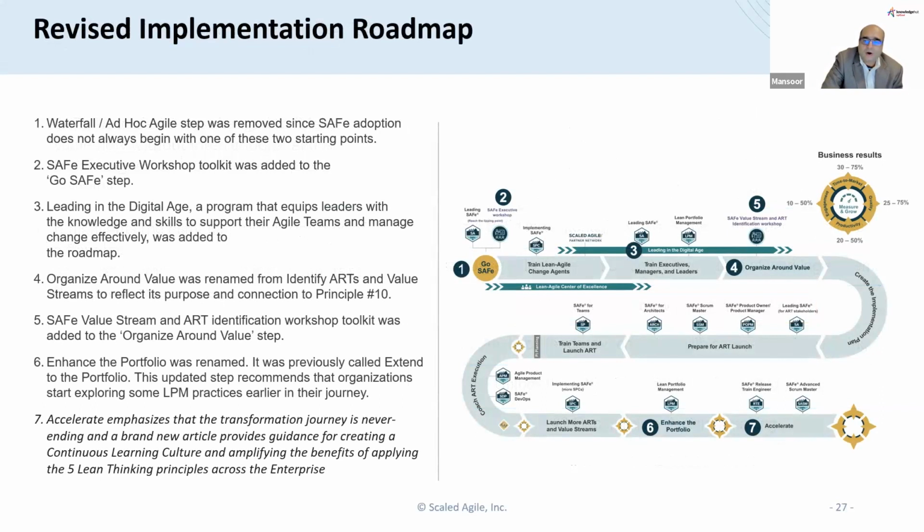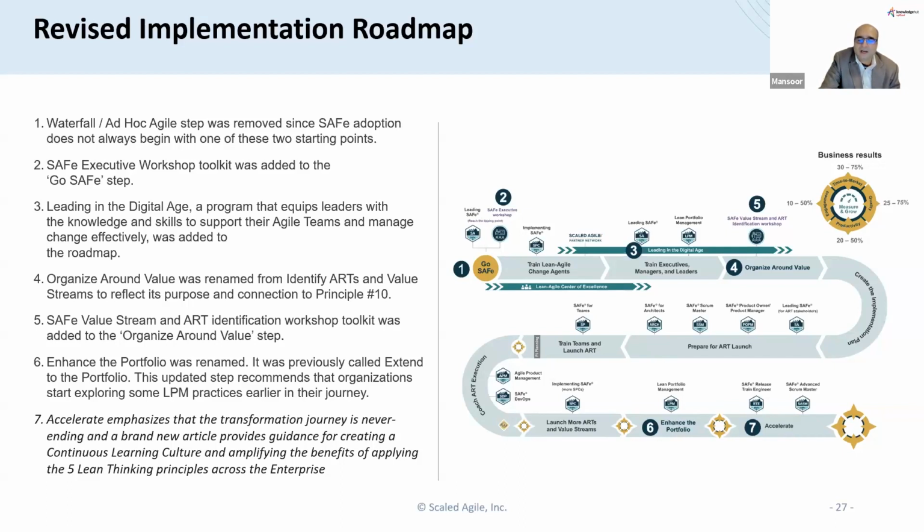The waterfall ad hoc step was removed as a starting point, since SAFe adoption does not always begin from one of these starting points. So we removed that, and we went straight into Go SAFe, and started off with an executive workshop toolkit that was added. Leading in the Digital Age program equips leaders with knowledge and skills organized around value. Identifying ARTs was renamed to value streams.